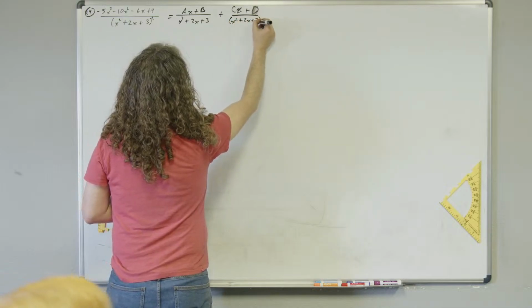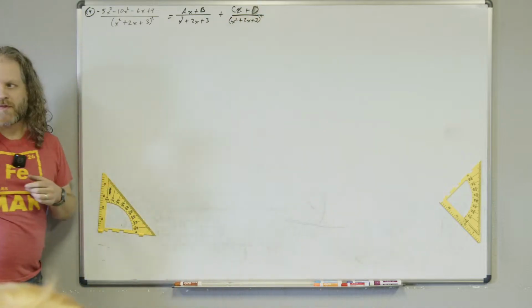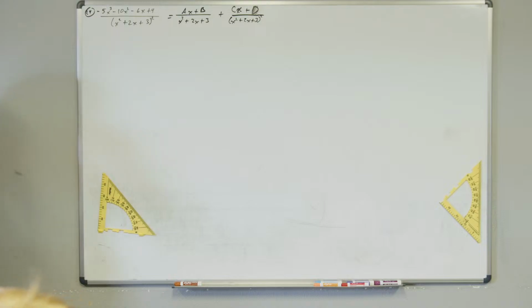If you have an x squared in the denominator, you have an ax in the numerator. So there's one x less in the numerator than in the denominator.